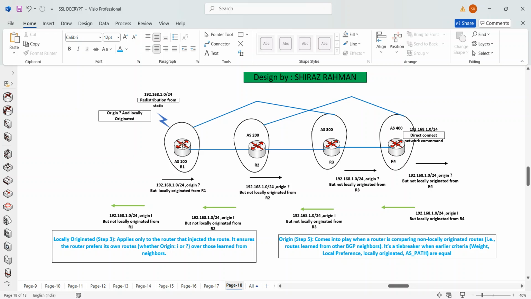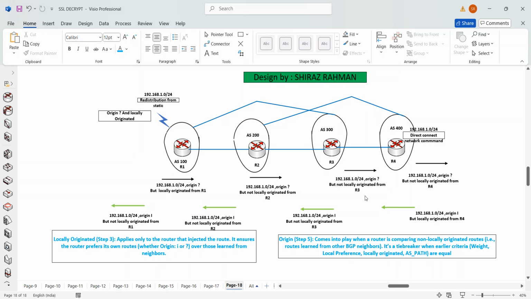Once this route, with origin question mark and locally originated on R1, reaches R2, is it a locally originated route on R2? No, but the origin would still be question mark.